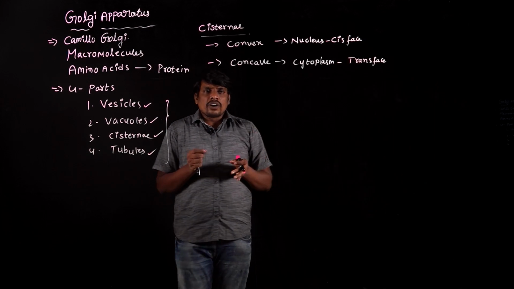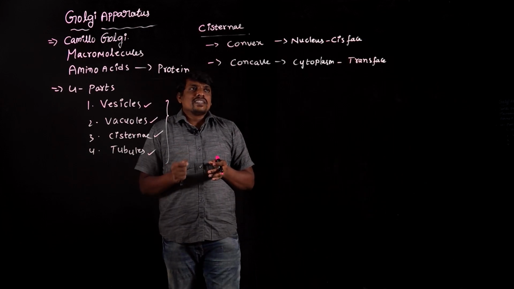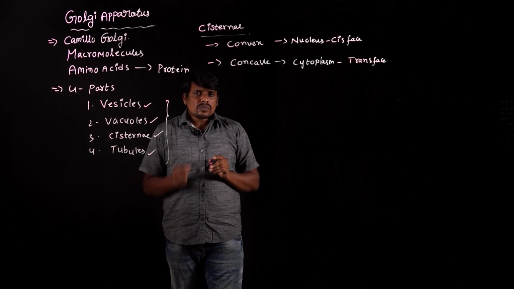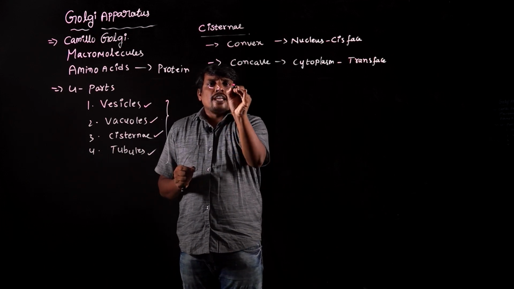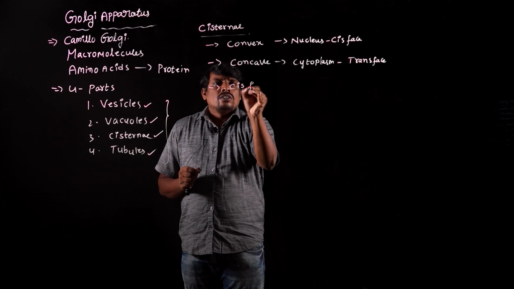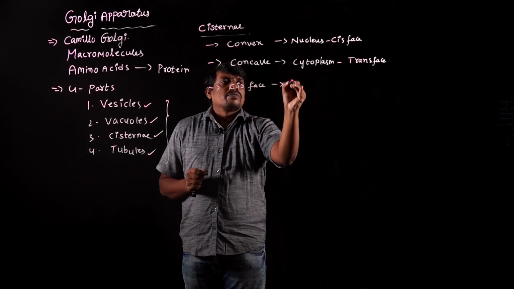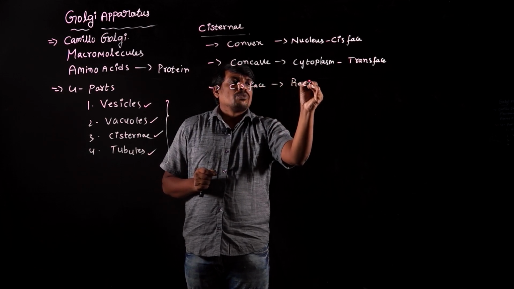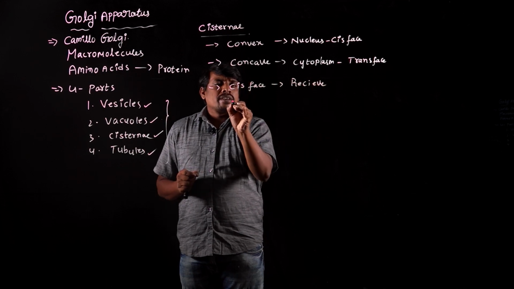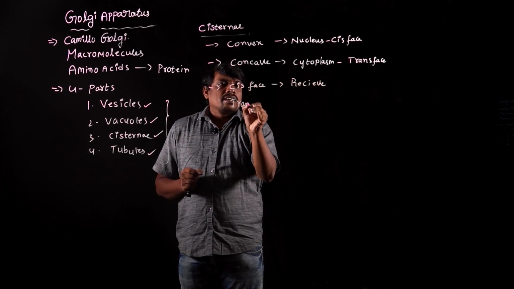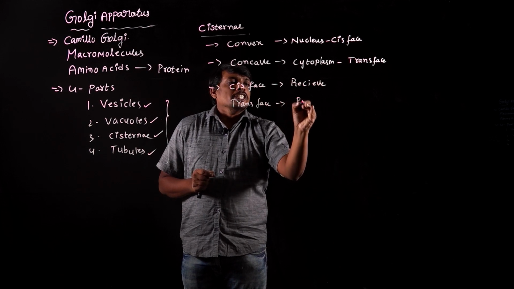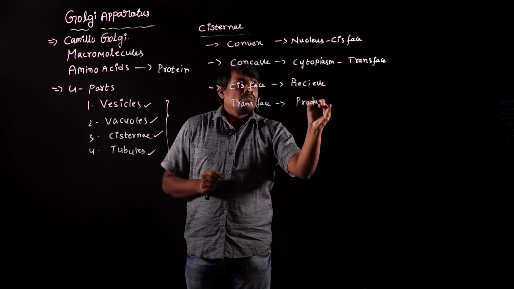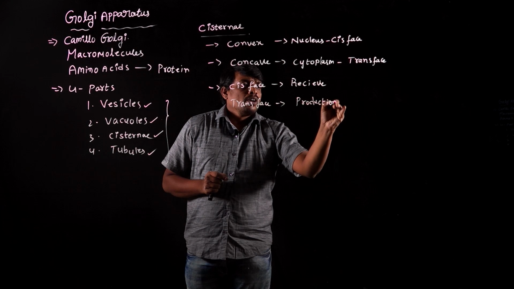What are the important functions of cis phase and trans phase? The cis phase helps in the process of receiving micromaterials, whereas the trans phase helps in the production of macromolecules.